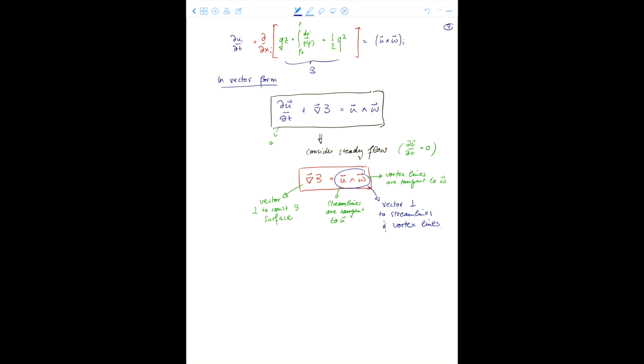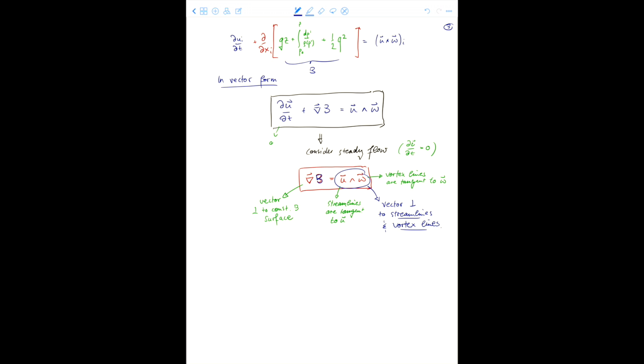That means that the constant B surface is parallel to the streamlines and the vortex lines, i.e., along the streamlines and along the vortex lines, B is constant.